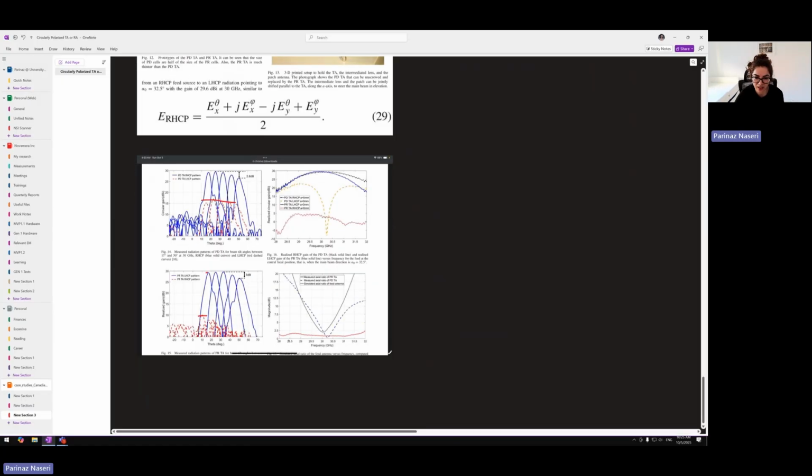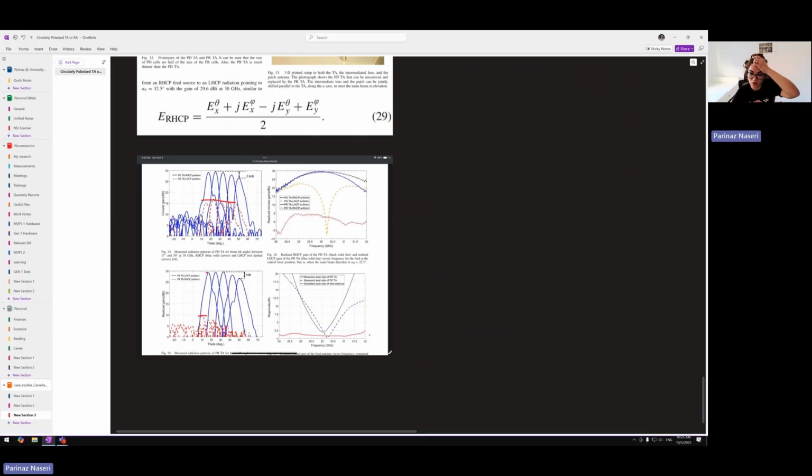Here you can see the axial ratio for the phase rotation one is very low across all frequencies, but for the PD one, it's just like this one. It's following the feed. The feed is the dotted black one, and for the PD one, it's the dashed blue one, the measured, and for the PR one it's the red one.